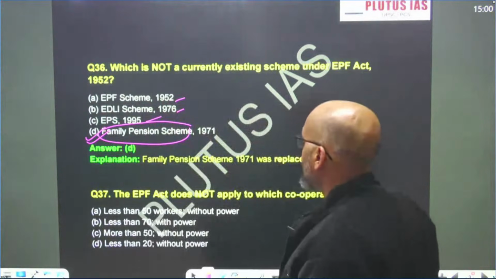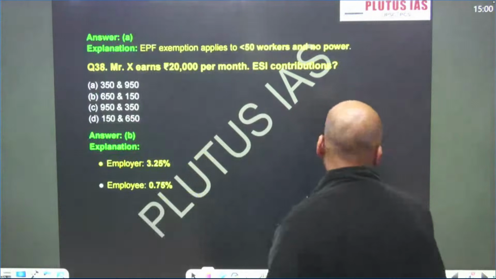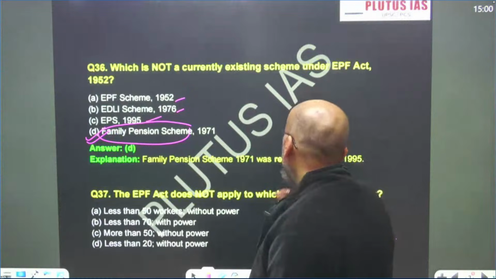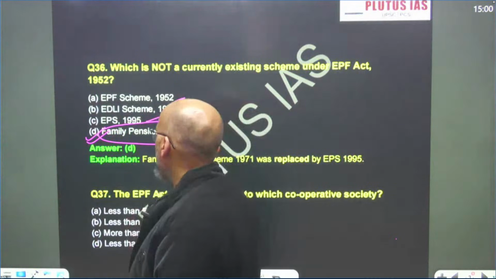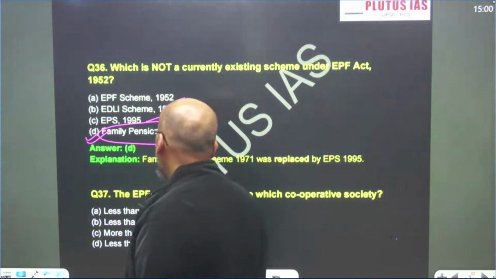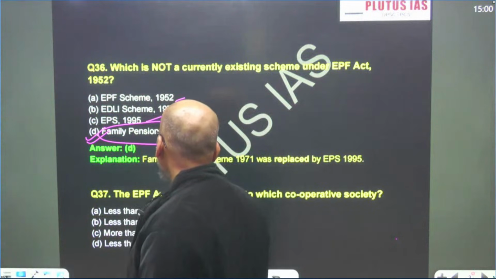Question number 37. The EPF Act does not apply to which cooperative society? Option A, less than 50 workers without power, less than 70 with power, more than 50 without power, or less than 20 without power.